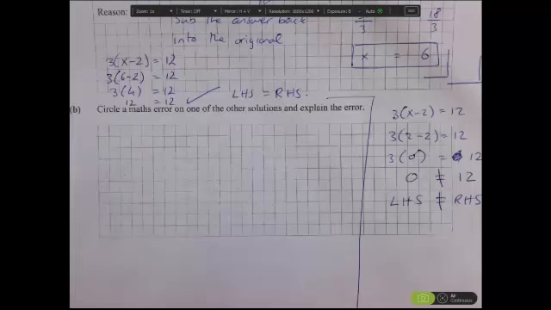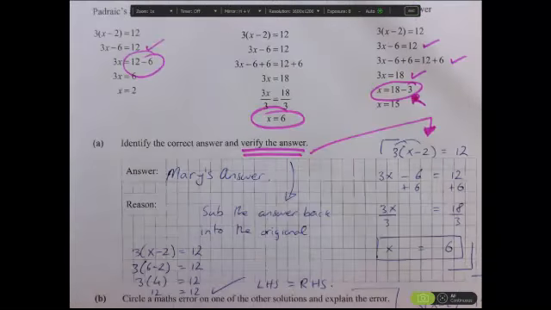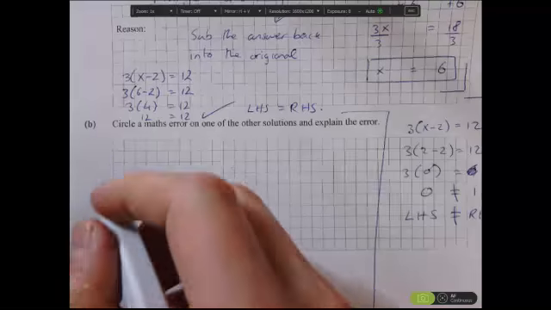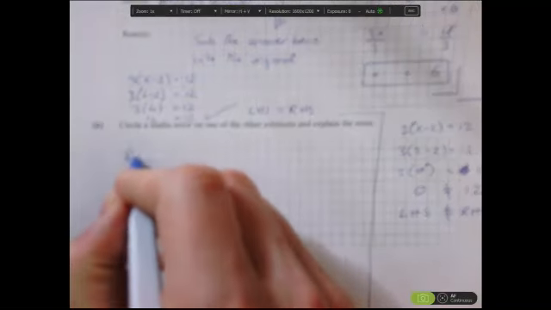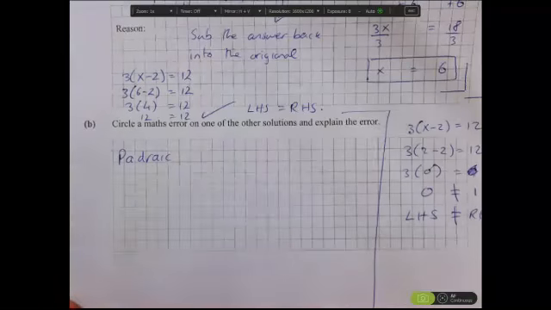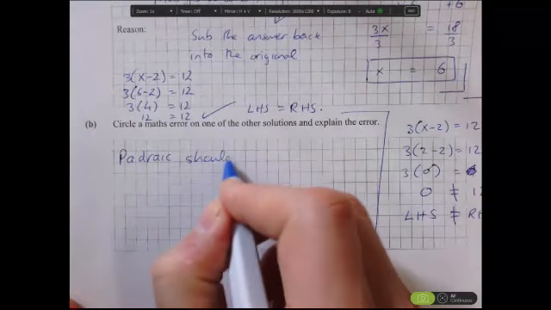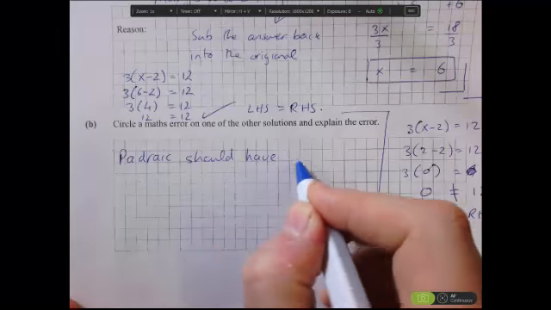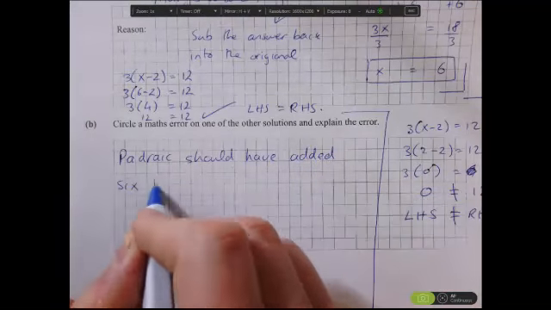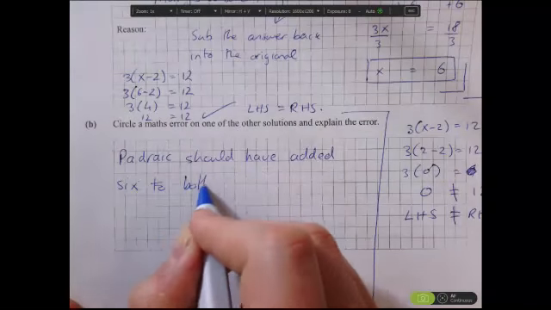So for example, if you've circled Podrick's answer, so the minus 6, well, what you need to say then is he should have added 6 to both sides.